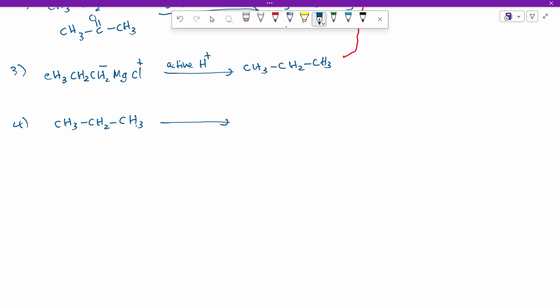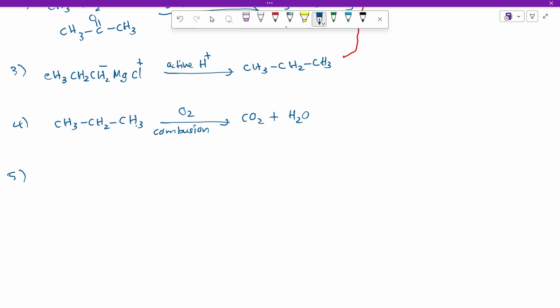Once you add oxygen, that means a combustion process. You already know this. You get only carbon dioxide and water. So that's one way we can observe alkanes acting as the reactant and giving other products by reacting with certain chemical reagents.